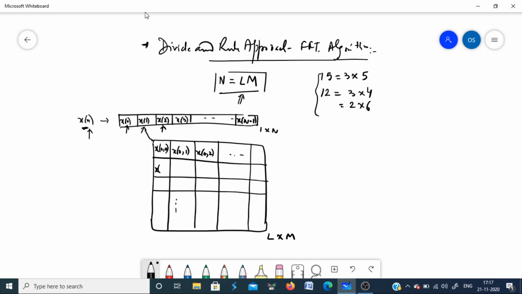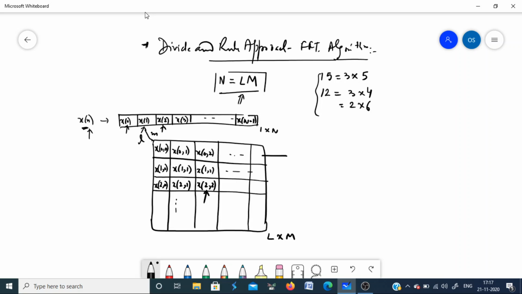Similarly, in the next row it will be x10, x11, x12, and so on, then x20, x21, x22. So you need two variables for indexing, one for row and one for column. I use the indices small l and small m: small l is for rows, small m is for columns.